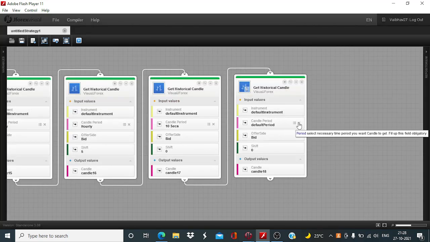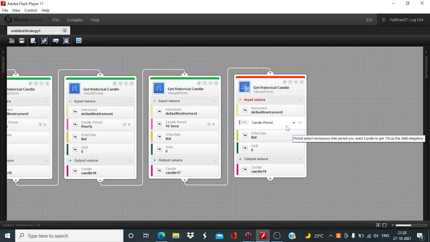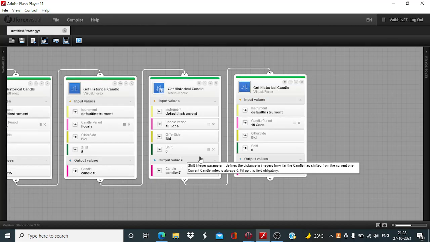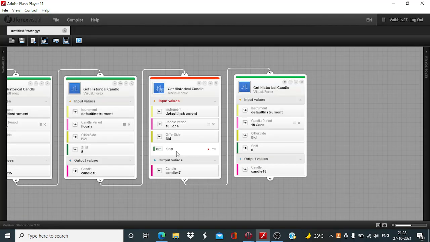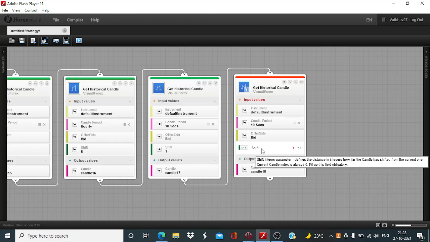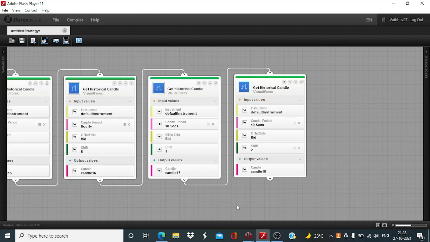This will be changed to 10 seconds. Shift value is going to be 1 and 2 respectively.